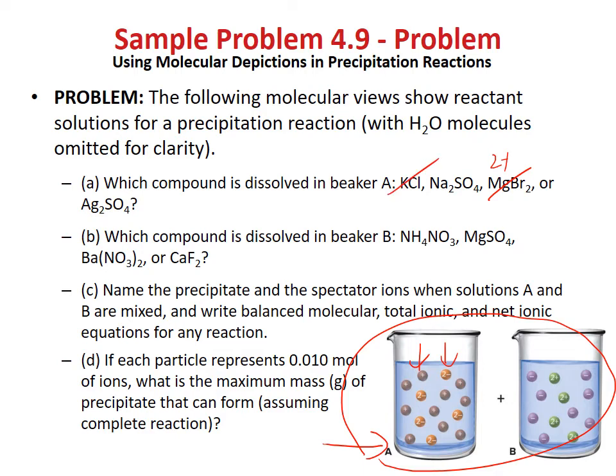So potassium chloride is not right because chloride is 1 minus, and sulfate is 2 minus. So we have two possible salts: sodium sulfate, silver sulfate. Now, which one is the correct one? Well, if we look at molecular view A, all the ions are separated, meaning they are dissociated.